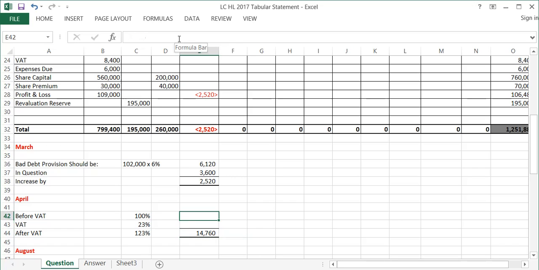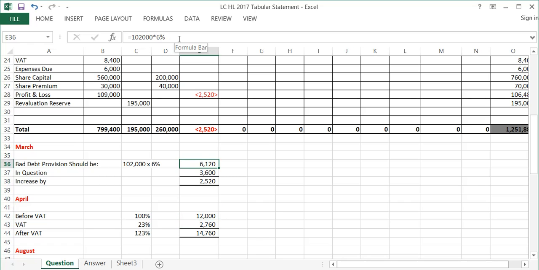So that's 123%. So to get 100%, if I get the 14,760 divided by 123%, multiplied by 100%, before VAT there must have been 12,000, which means the VAT will be 2,760.